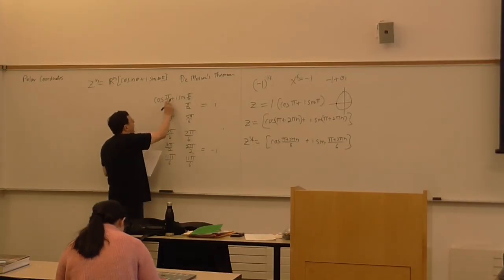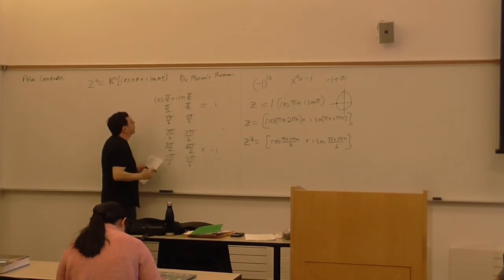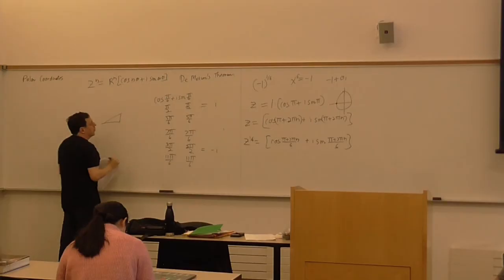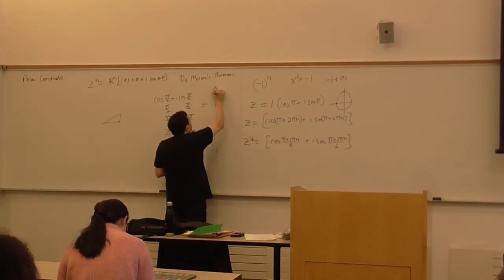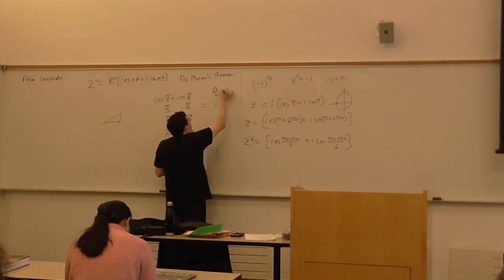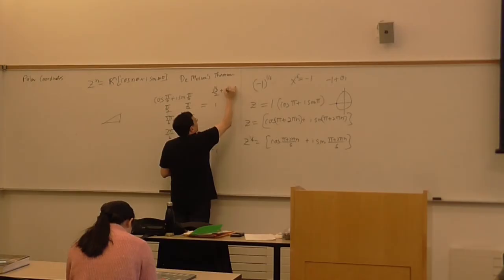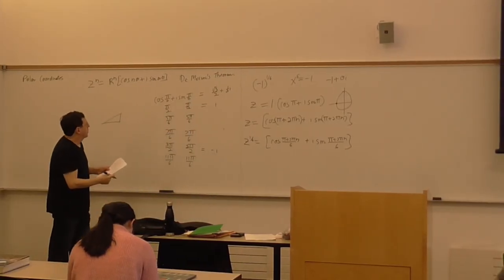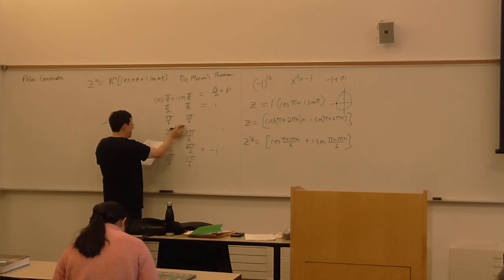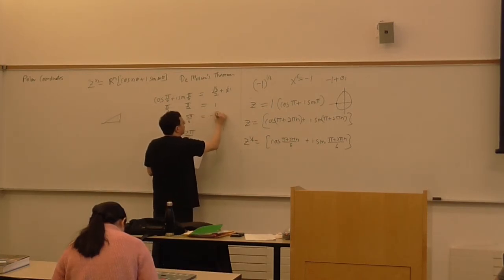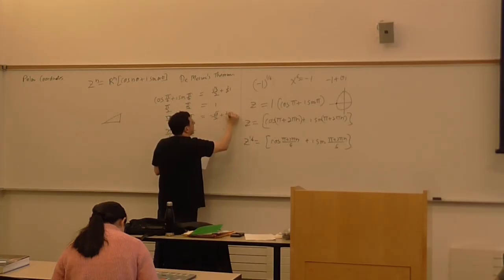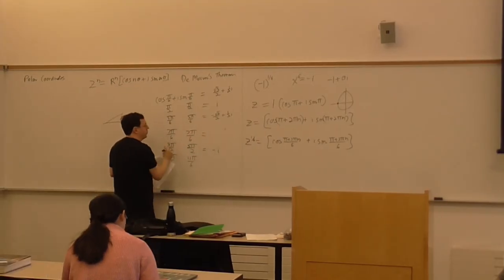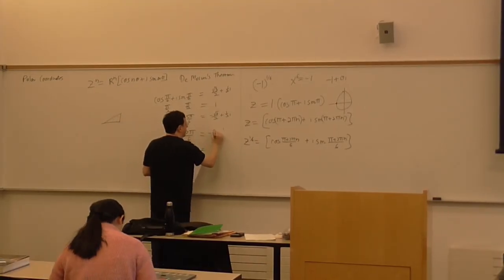Okay, cosine of pi over 6 and sine of pi over 6. I have to draw myself a little triangle here. The cosine is going to be square root of 3 over 2, and the sine is going to be a half, so 1/2 i. 5 pi over 6 is the same, except that the cosine will be negative. 7 pi over 6, that's in the third quadrant, so negative square root of 3 over 2 minus 1/2 i.